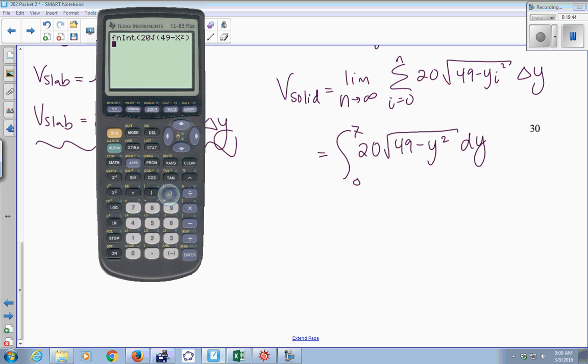It'll come out the same. Okay, comma x, my new variable of integration instead of y, comma 0, comma 7. And I get about 769.7.